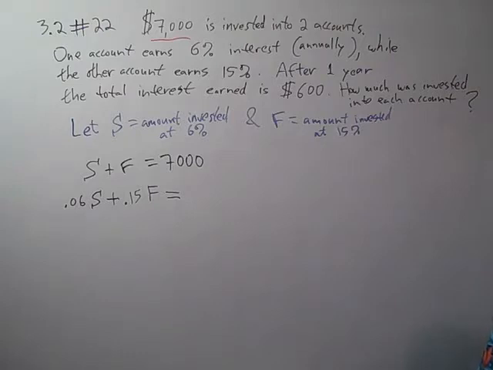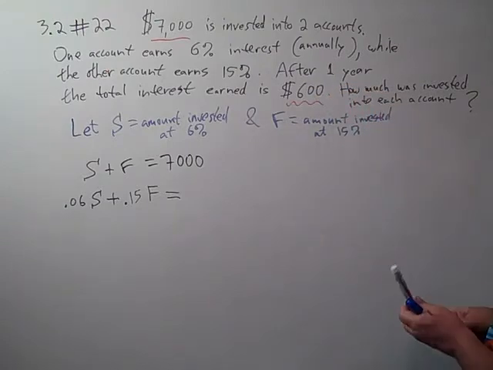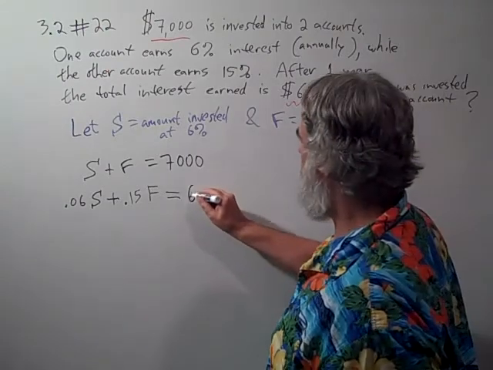Okay, so the total interest after 1 year, we're told, came to $600. So the total interest we've just calculated must add up to $600.